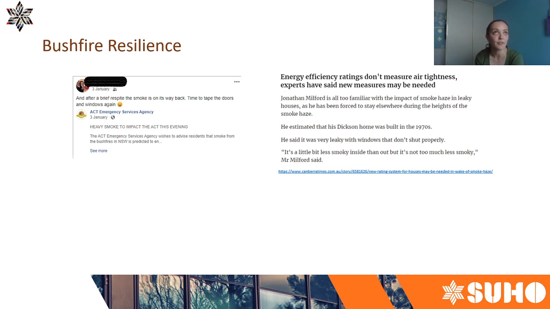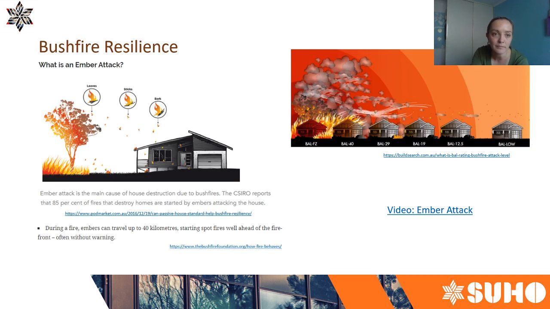These are a couple of anecdotal stories quite close together during the fires, and I'm sure this story was repeated across the whole bushfire zone during that terrible time earlier in the year. The other way that homes are made more bushfire resilient by making them airtight is that one of the major reasons house fires start during a bushfire season is ember attack.